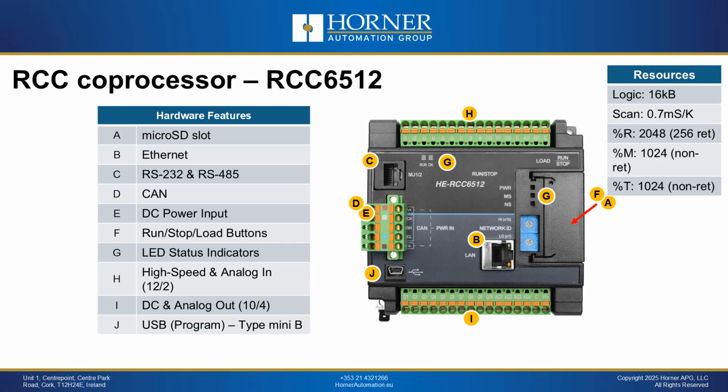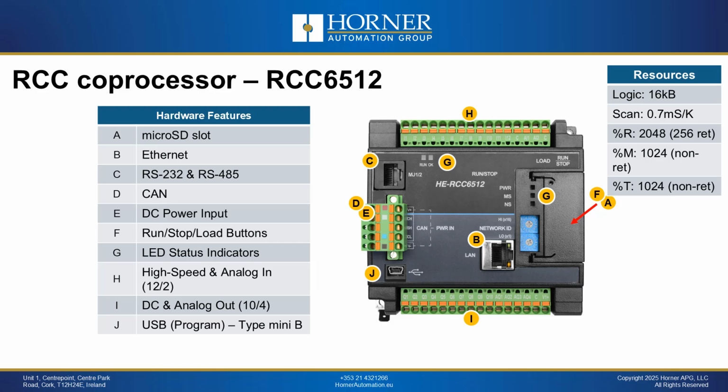So if you want a remote high speed counter, this is the product that most of our customers use, and this is an RCC 6512, which has high speed counter capability. It has 12 high speed inputs that can be used for high speed counting, encoders, up counting and down counting, and then it also has some analog built in as well.